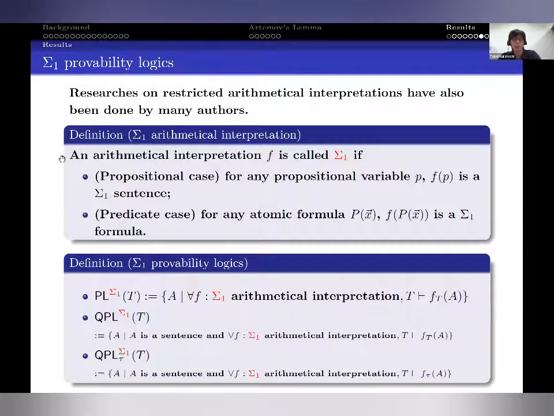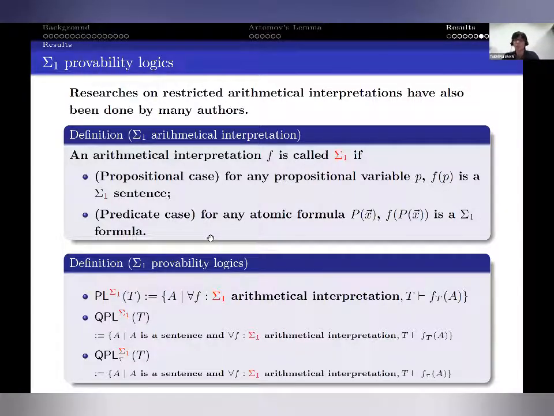An arithmetical interpretation f is called sigma 1 if, in the propositional case, for any propositional variable p, f of p is a sigma 1 sentence. Also, in the predicate case, for any atomic formula p of x, f maps p to a sigma 1 formula.